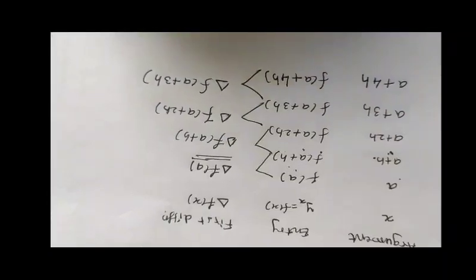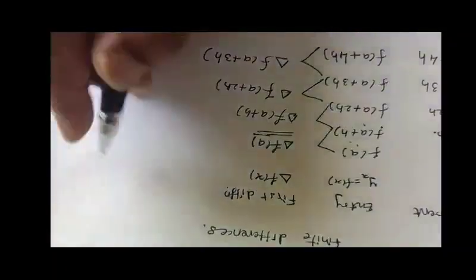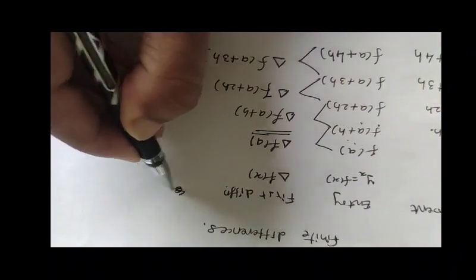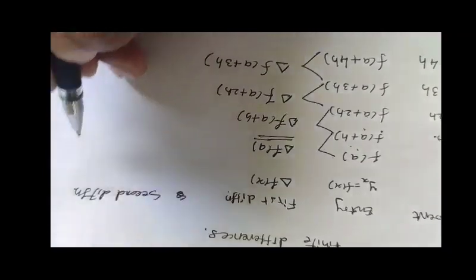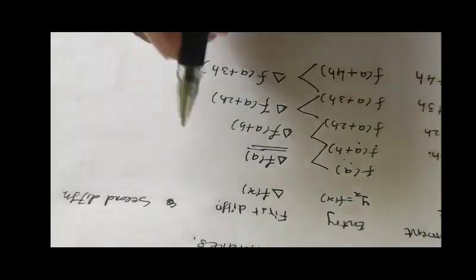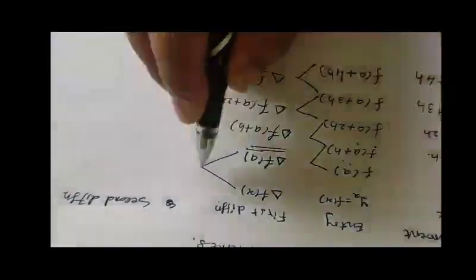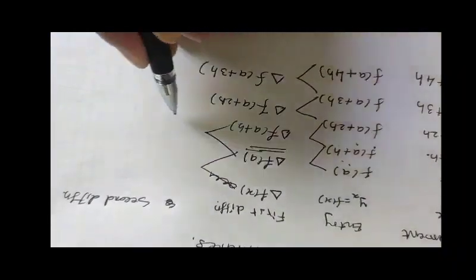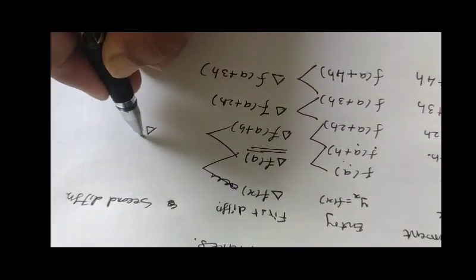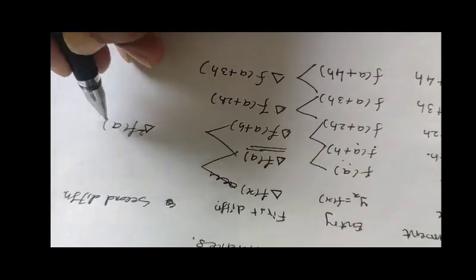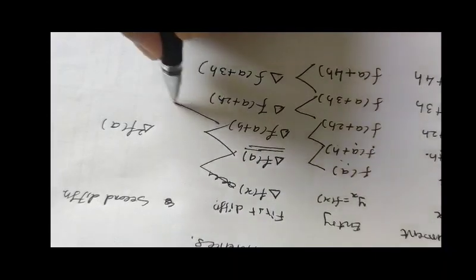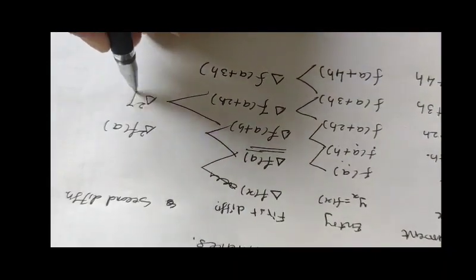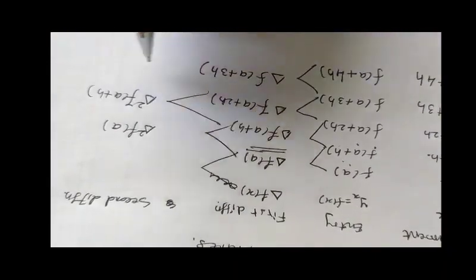Now we discuss the second difference. What is the second difference? Second difference means again the difference between these, not this, this and this. We define it as delta square f of a. The difference between these is delta square f of a plus h.